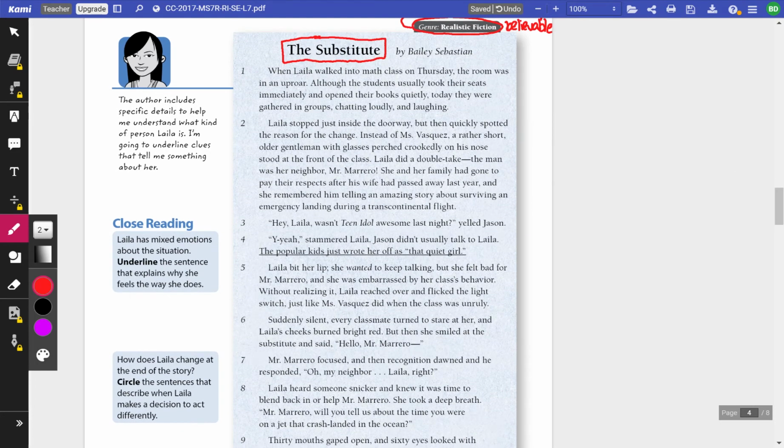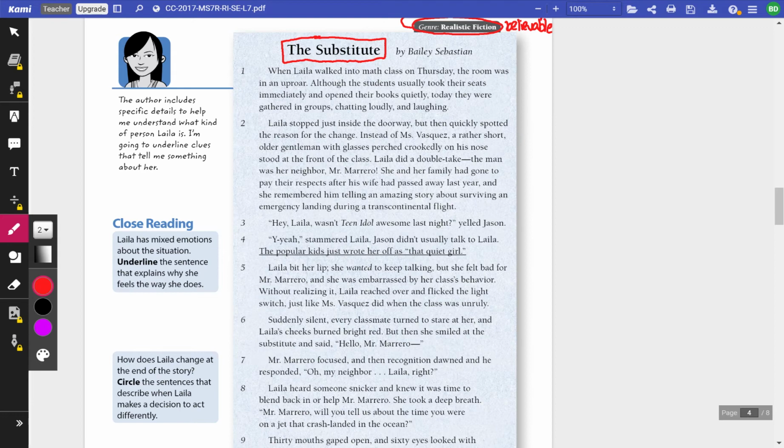Follow along with me. When Layla walked into math class on Thursday, the room was in an uproar. Although the students usually took their seats immediately and opened their books quietly, today they were gathered in groups chatting loudly and laughing. Layla stopped just inside the doorway, but then quickly spotted the reason for the change.